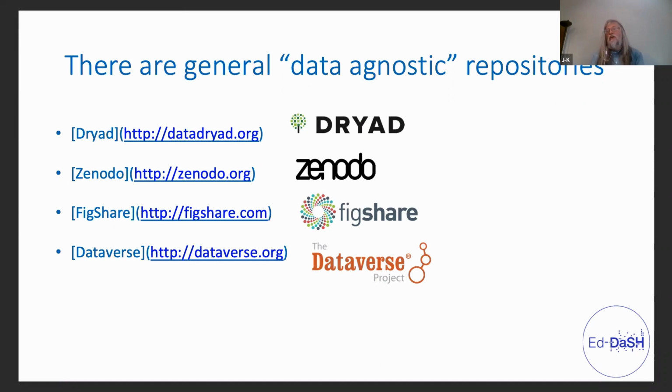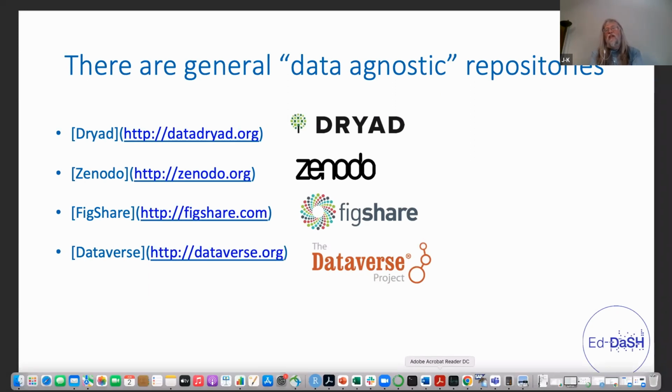From my point of view, having tried to reuse a couple of data sets that were in those repositories, they are not reusable. There's just too much information missing. The formats are cryptic, to say the least. There's no explanatory documents for the most part. You don't know exactly what is what in there.